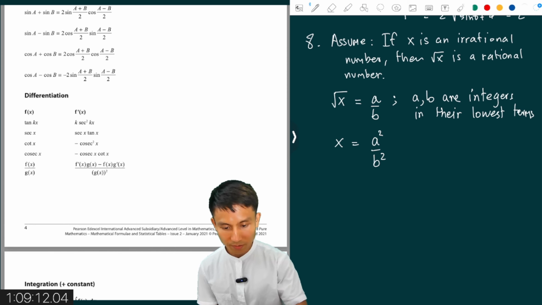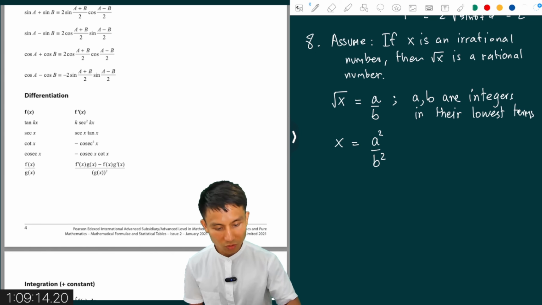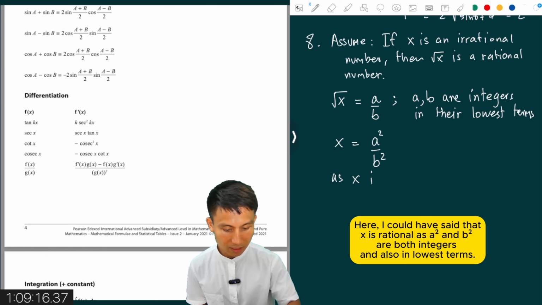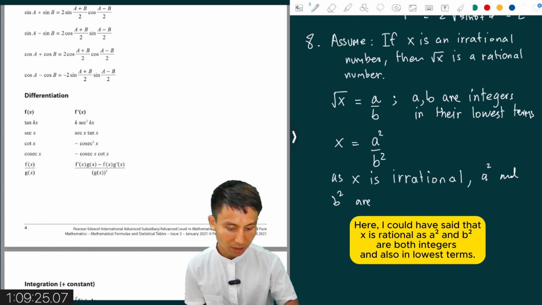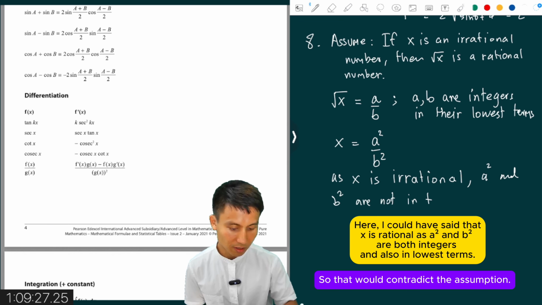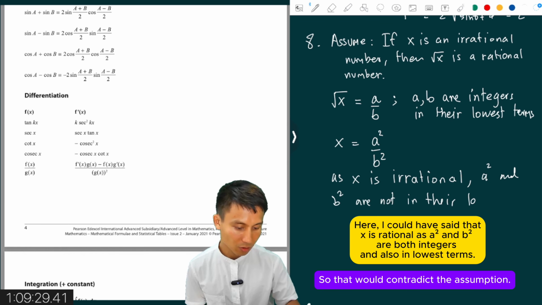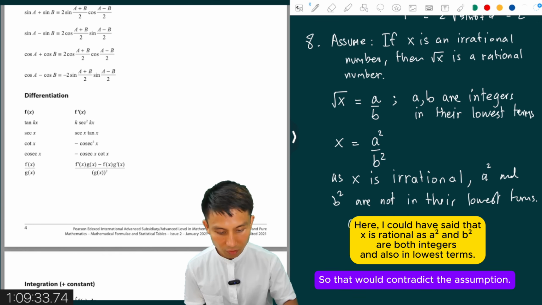Okay, so as x is irrational, a squared and b squared are not in their lowest terms.